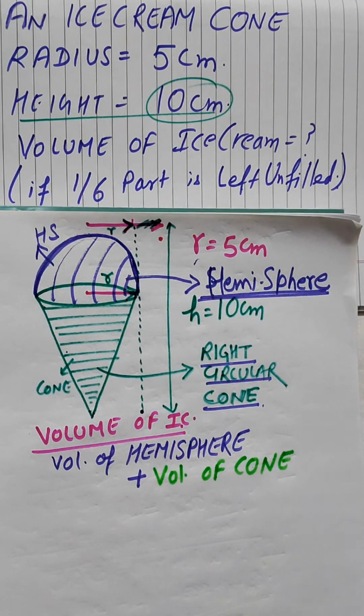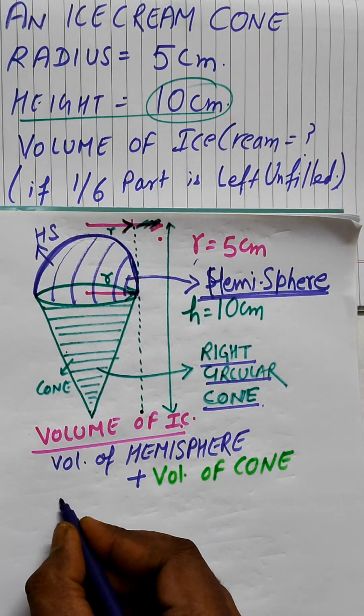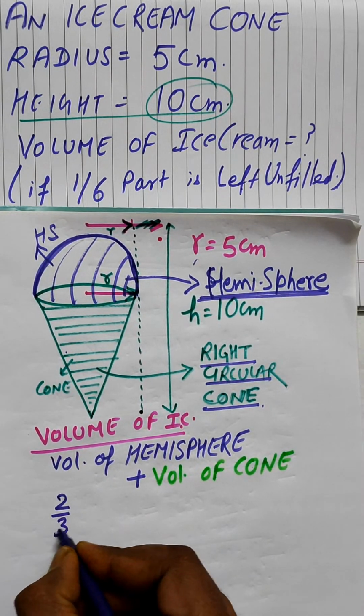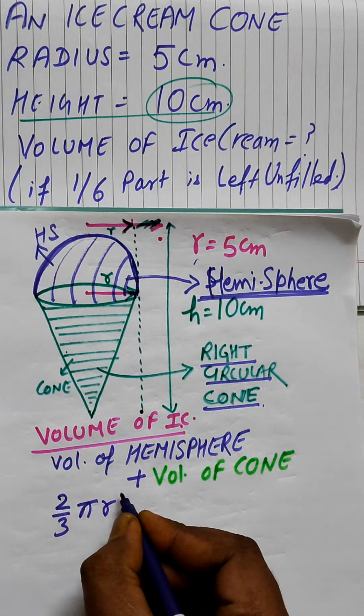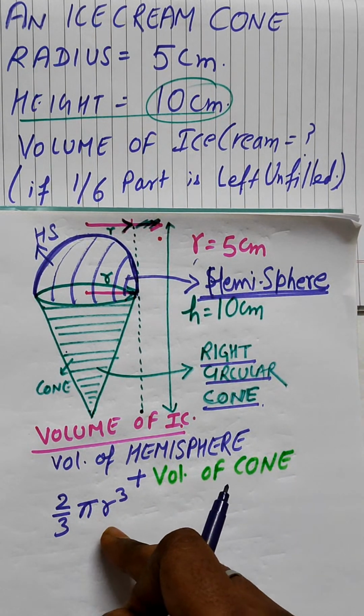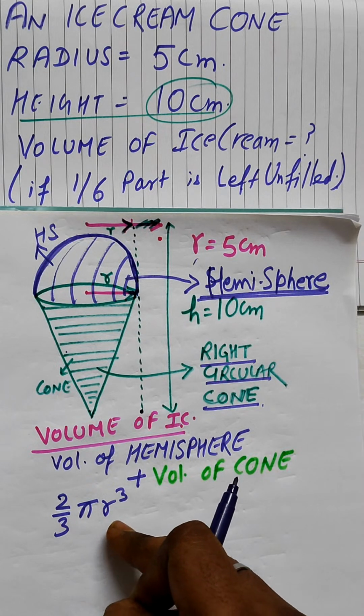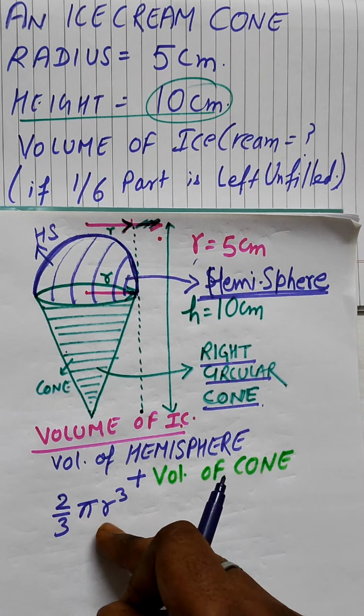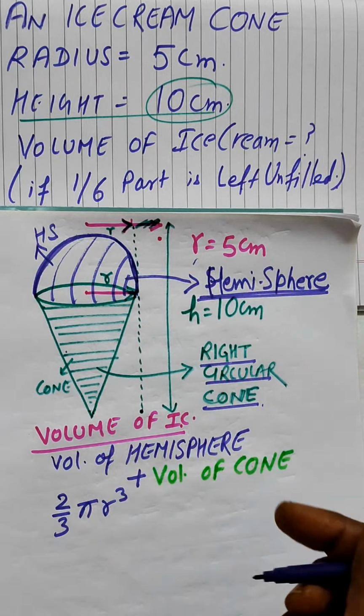So what is the volume of a hemisphere? The volume of a hemisphere is 2 by 3 pi r cube. You need to remember it. I will show the derivation of this formula in a later class, not here. Just remember this and directly apply.